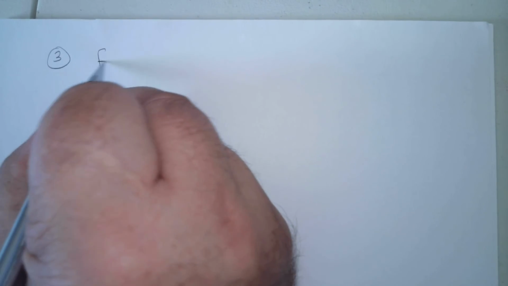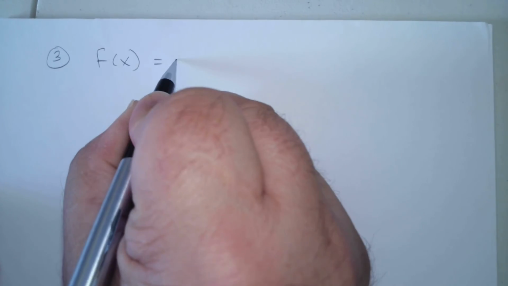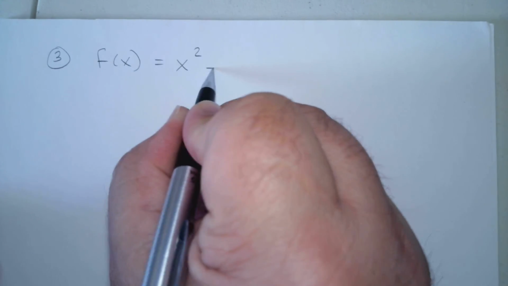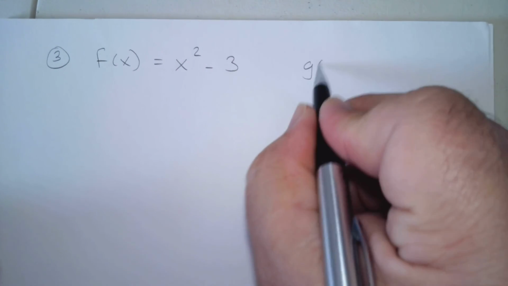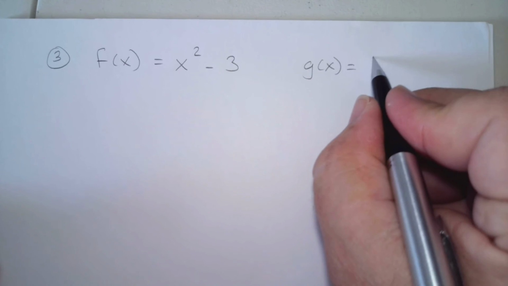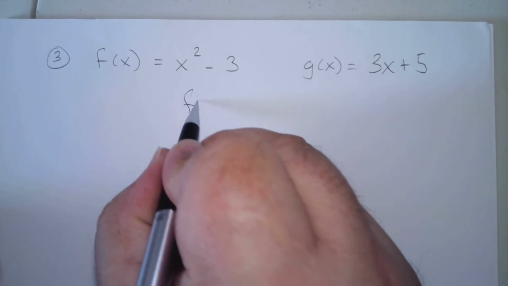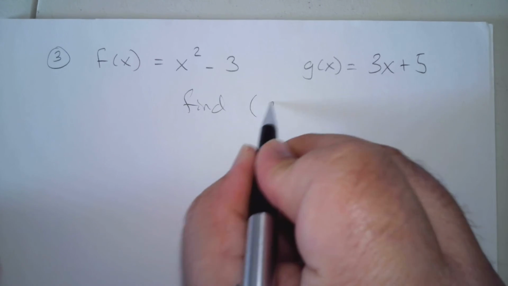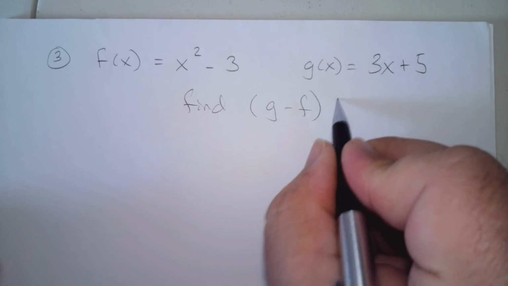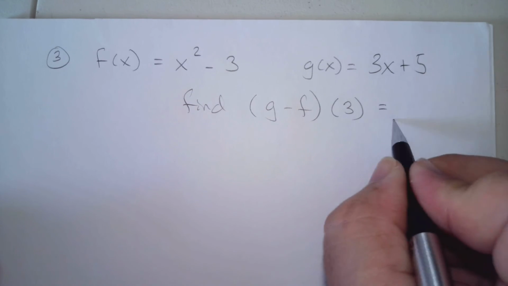Alright, so the next one. F of x equals x squared minus 3. G of x equals 3x plus 5. Find g minus f of 3.